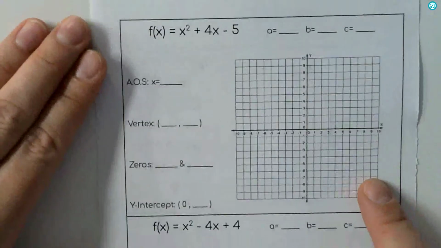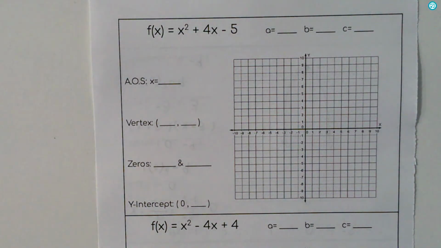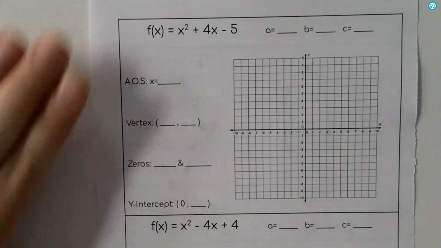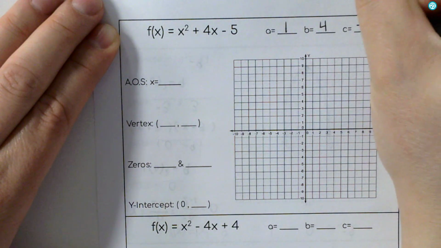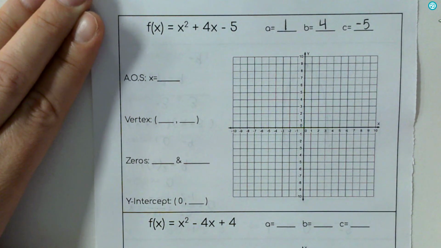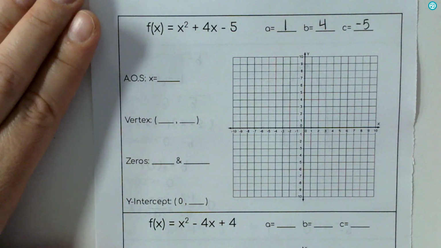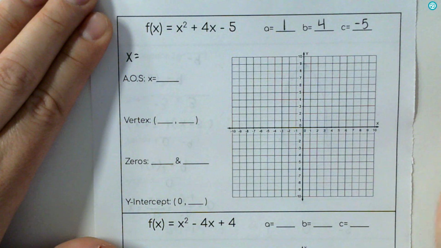All right, next one I've got x squared plus 4x minus 5. I have lines for A, B, and C. My A value is 1. My B value is 4. My C value is negative 5. Okay, to do my axis of symmetry, I'm going to do x equals negative b over 2a.